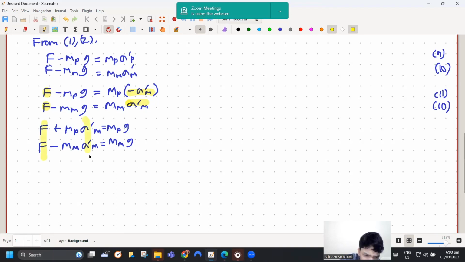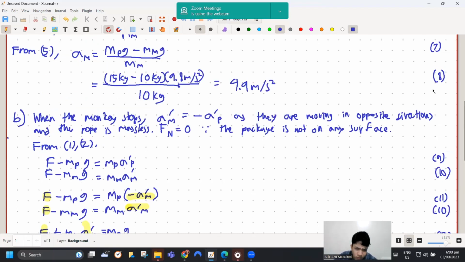Nalaman mo yun, no? Equation mode, yung simultaneous equations. So, pwede mo siyang gawin ngayon. Pero okay, do that first para may numbers na tayo.